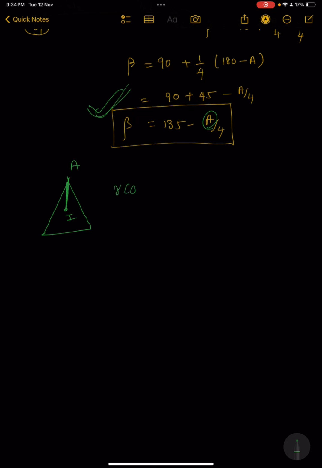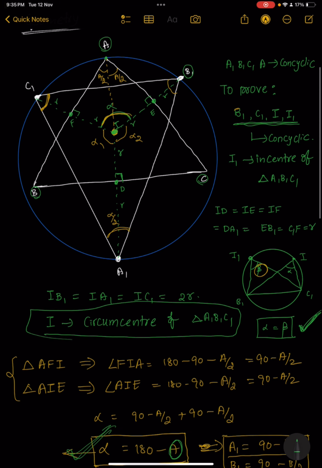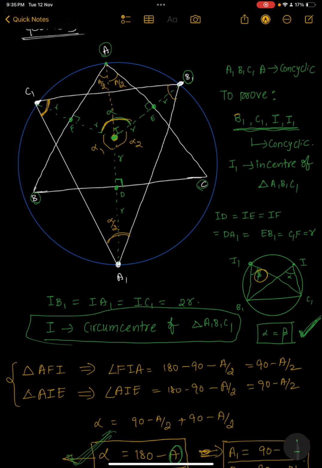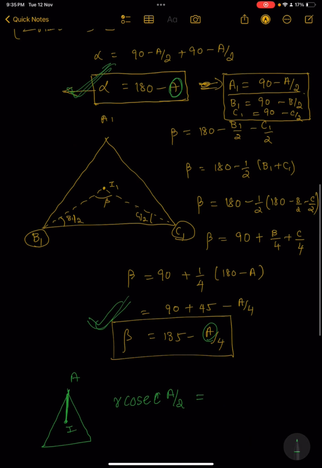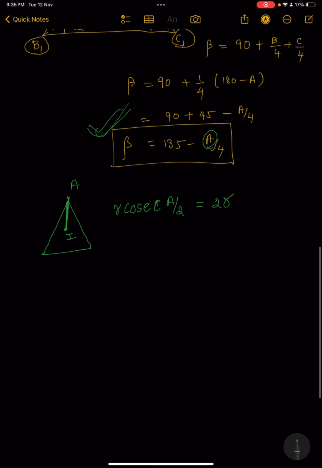AI will be r cosecant A by 2. But according to this problem, AI will be 2r because IB1, IC1, IA1 is 2r and it is a circumcircle and A also lies on the same circle. So I is the center of the circle and IA is equal to IA1, IB1, IC1. So IA is equal to 2r.